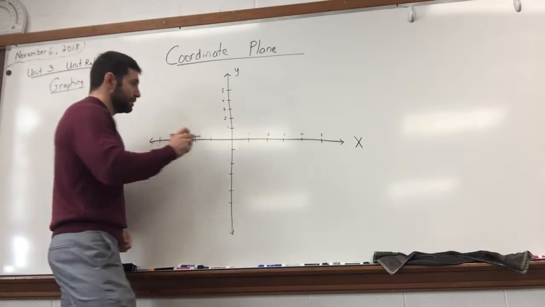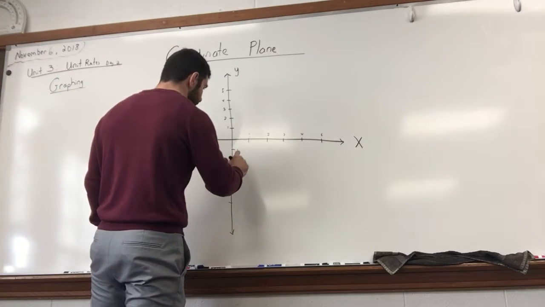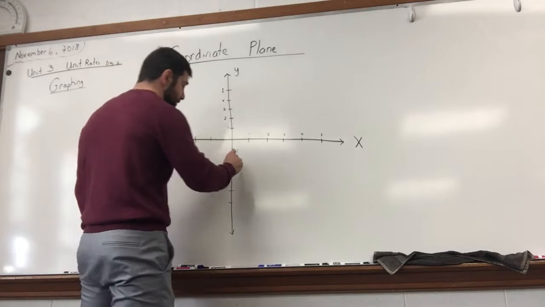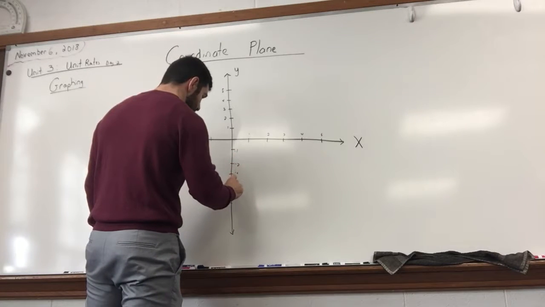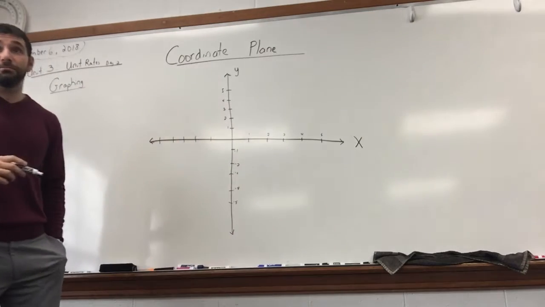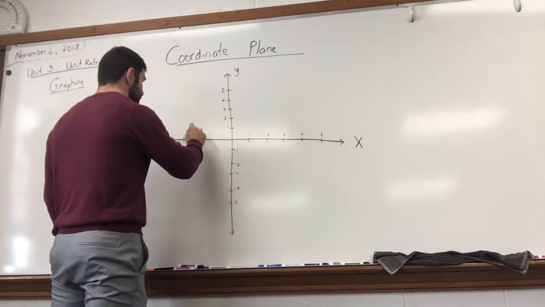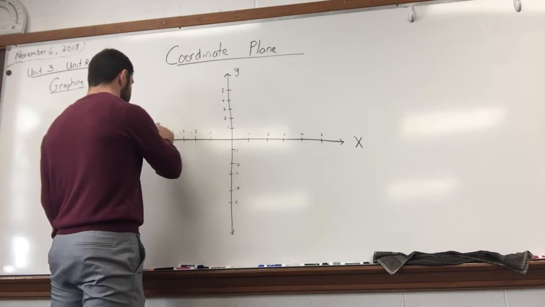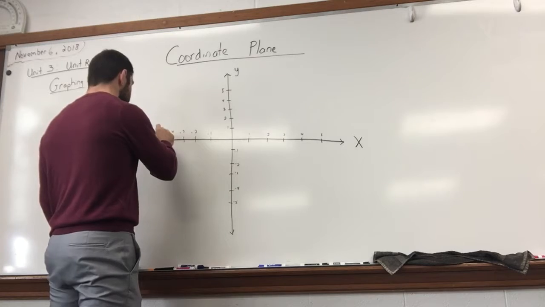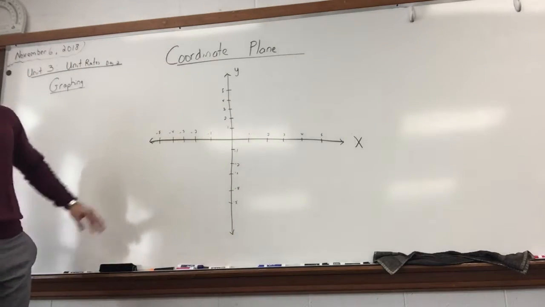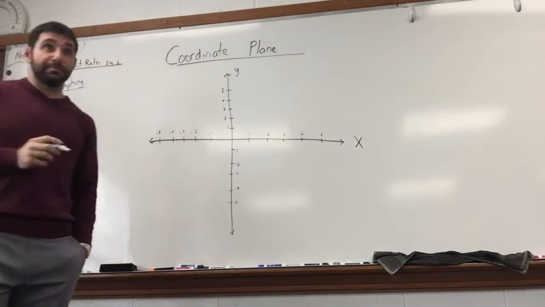Good, Luke. Negative. Yeah, they're the opposites. This is like a number line. So these are my negative numbers, which means going left are also negative. So this is a coordinate plane. We're going to come back to this.